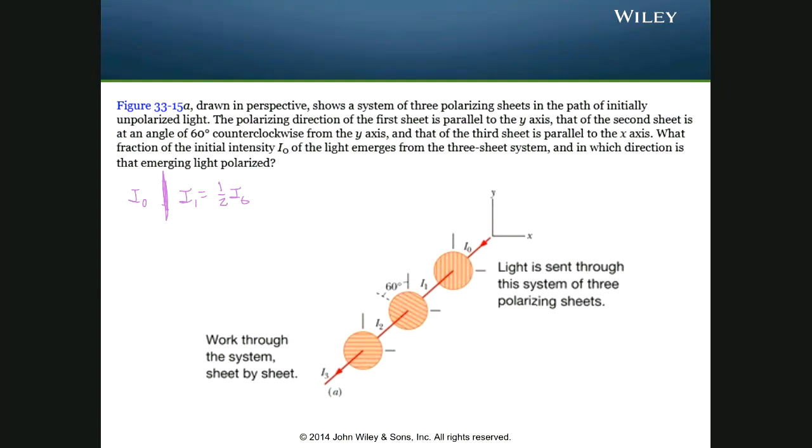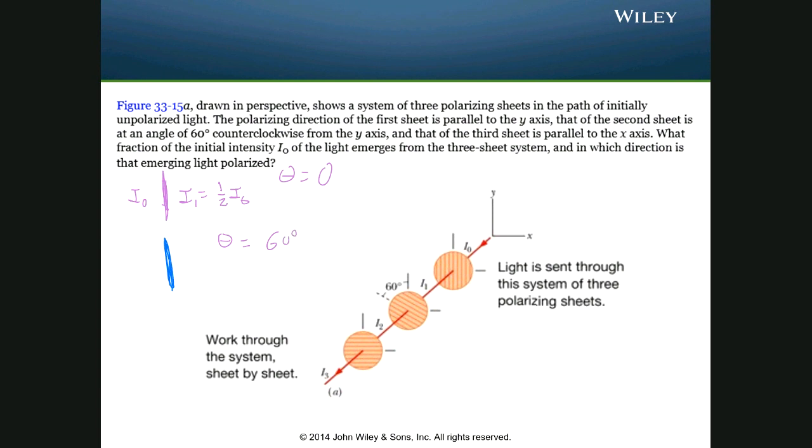Now, when we get to our second sheet, this one is orientated at 60 degrees. We're going to call this theta equals 0, and then we'll call this theta equals 60 degrees.